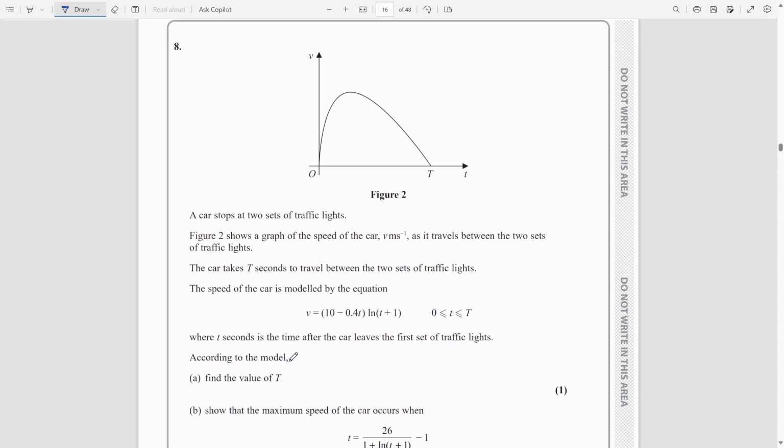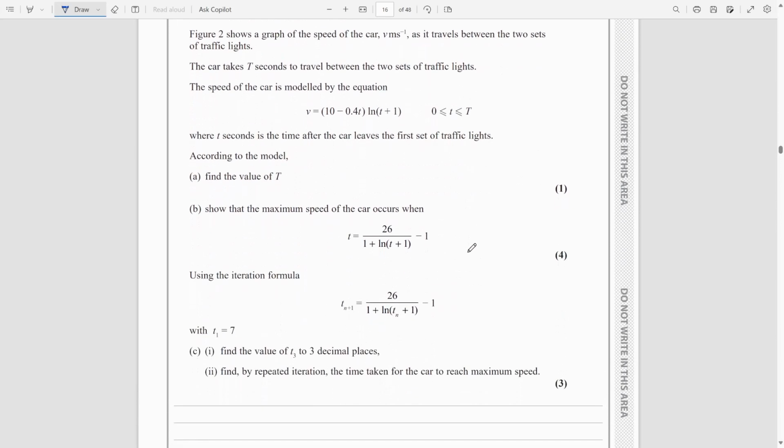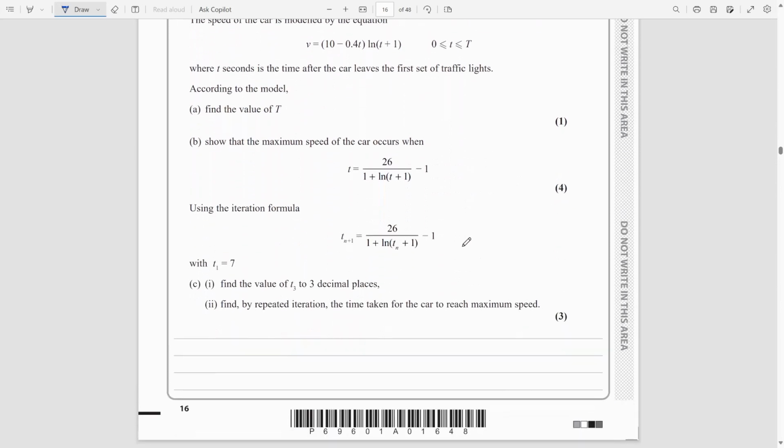According to the model, find the value of T. So the value of T will be where this equation first equals 0. We know that it equals 0 at the origin, but when does it next equal 0? So let's just solve that down here. So setting (10 minus 0.4t) times ln (t plus 1) equal to 0.